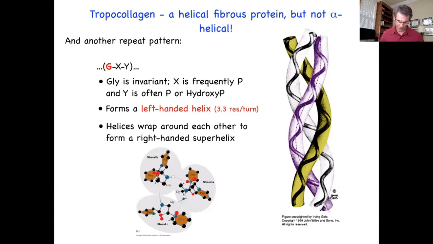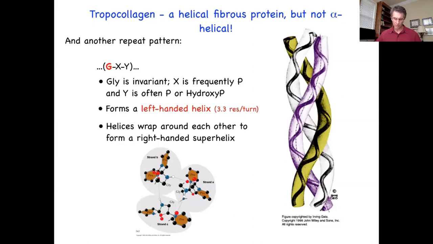And the reason that glycine is so critical, it's basically just supplying an amide and some carbonyls, along with the carbonyl of the proline in some cases, right? Well, the reason the glycine is invariant is because you couldn't get these helices that close to each other to form those hydrogen bonds in the core if there was a side chain there. So the reason the glycine is invariant is it's essential to form that hydrogen bonding network down through the core of this tropocollagen triple helix.